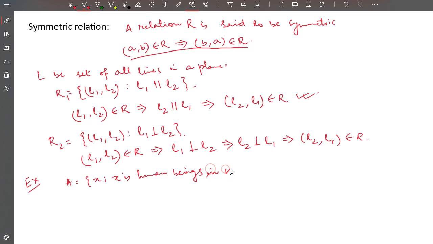In Kolkata, we are defining one relation R containing all (x, y) such that x is father of y.